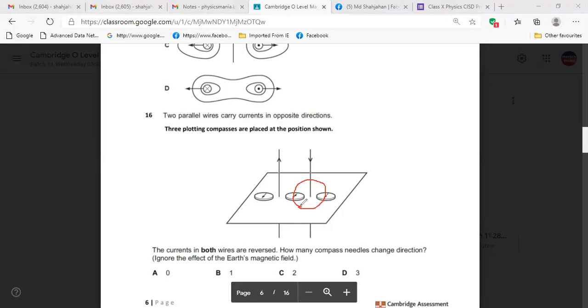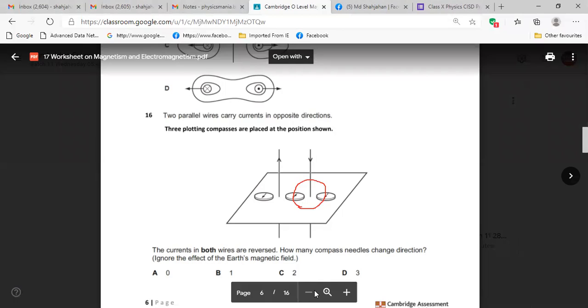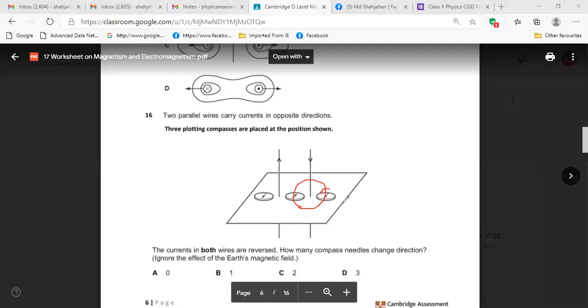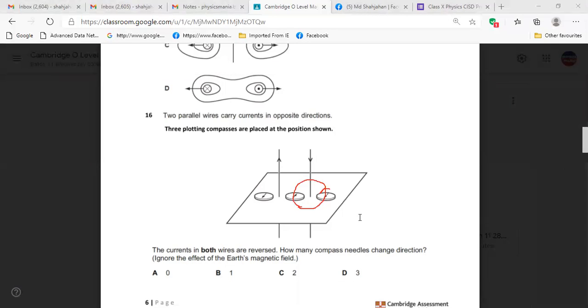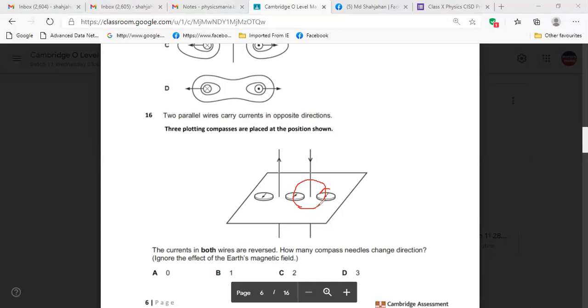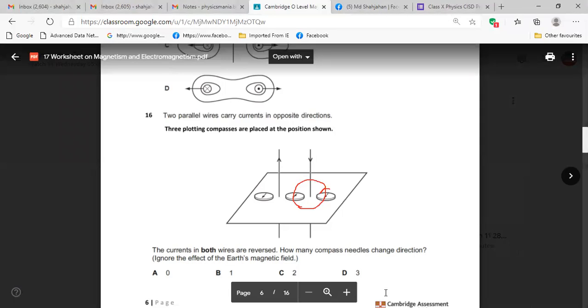So it's coming like this. Here is this direction, and here is the opposite direction, right? So two compasses changed. Yes, these two compasses changed. Okay, we got two compasses changed.